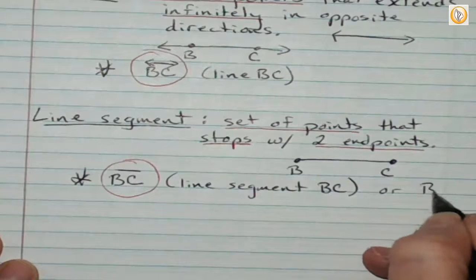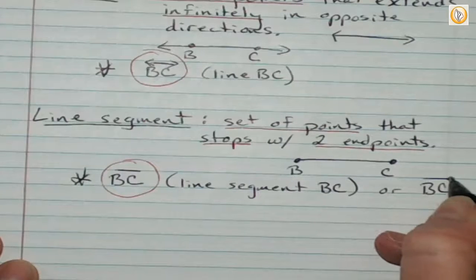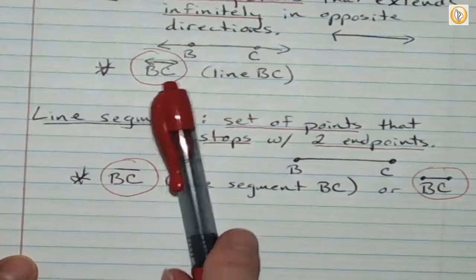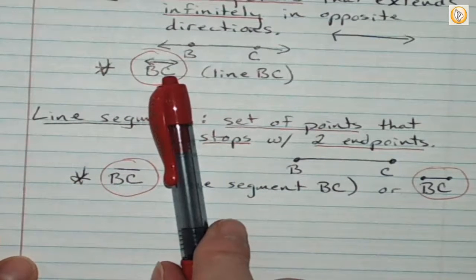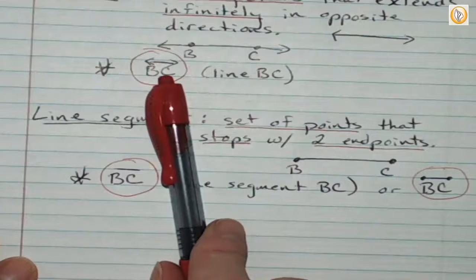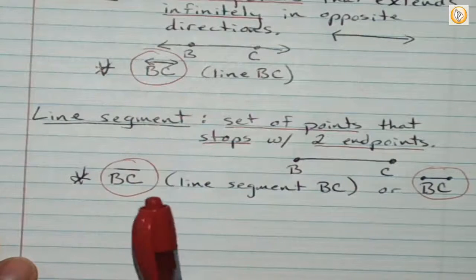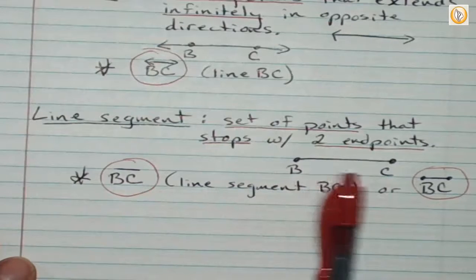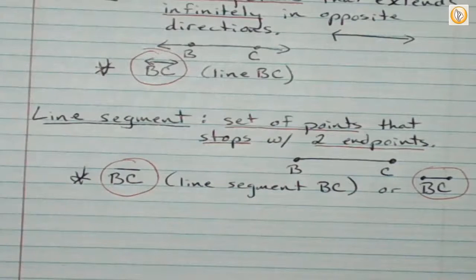I'll even put that, but you don't have to. So notice the difference. This has the arrows, because it signifies it goes on and on in both directions. This does not have the arrows because it stops. And they are 2 totally different things, and you need to make sure you know that.